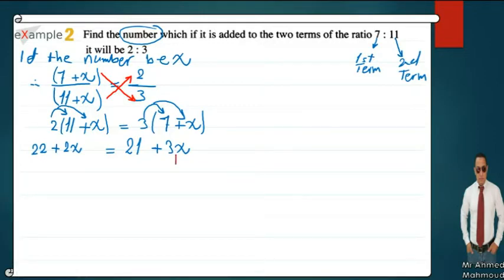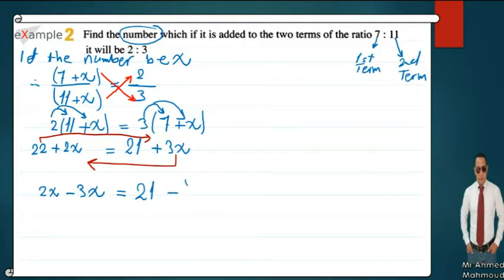I will send 3x to this side and 22 to the other side. First, I will start with 2x minus 3x equals, I changed the sign of 3x to negative 3x because I changed the position of 3x from the right side to the left side. Okay, and here I will write down 21 without change, and I will send 22 to be minus 22.